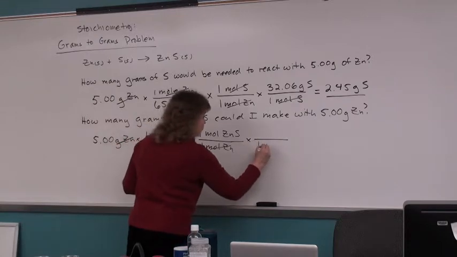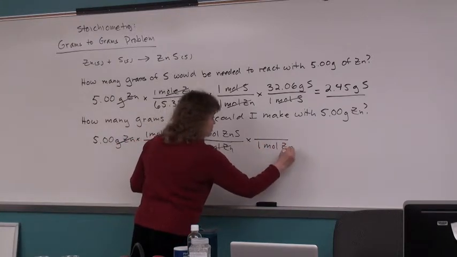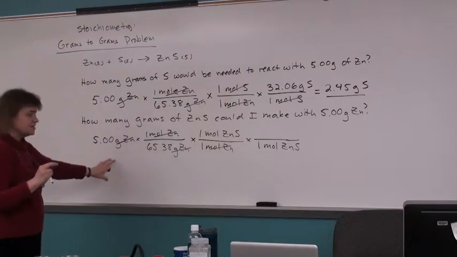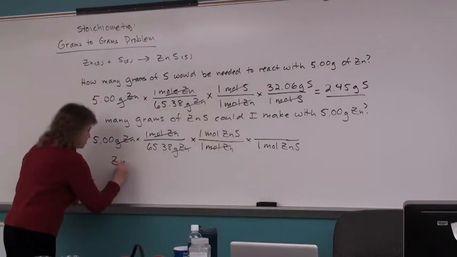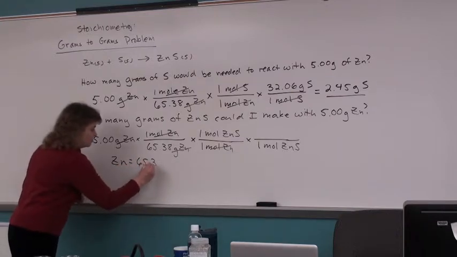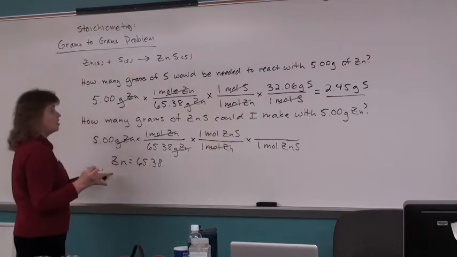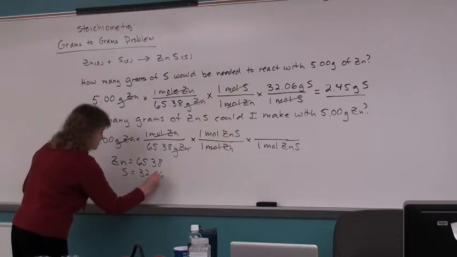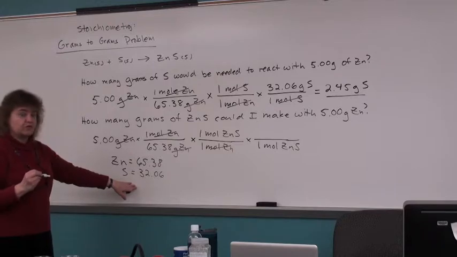And now I need one more number. I need the total of zinc sulfide. So on the side down here, I'm going to add up a zinc, which I know was 65.38 grams per mole. I'm going to add up a sulfur, which I know was 32.06 grams per mole. Again, I got these from the periodic table.